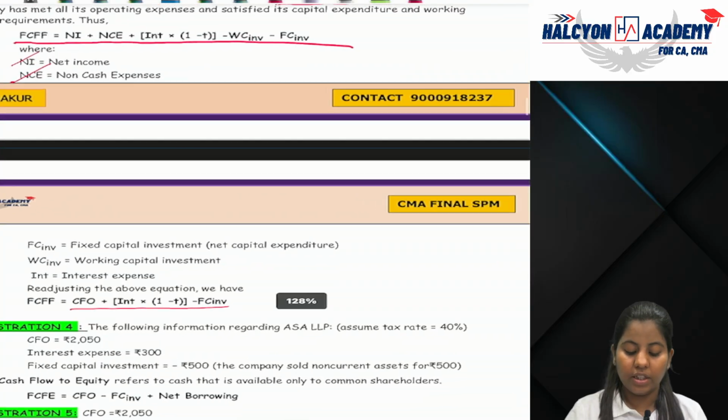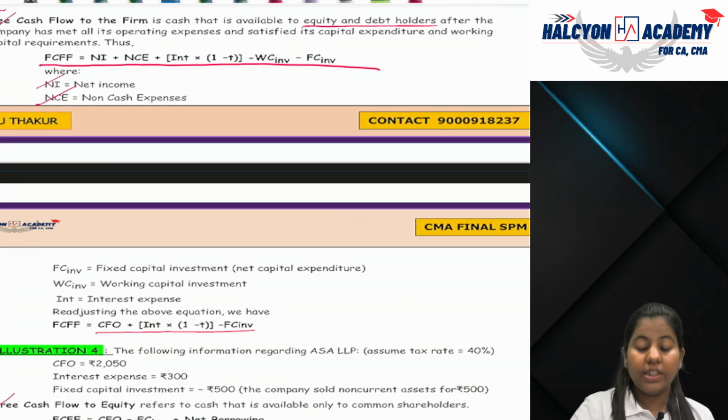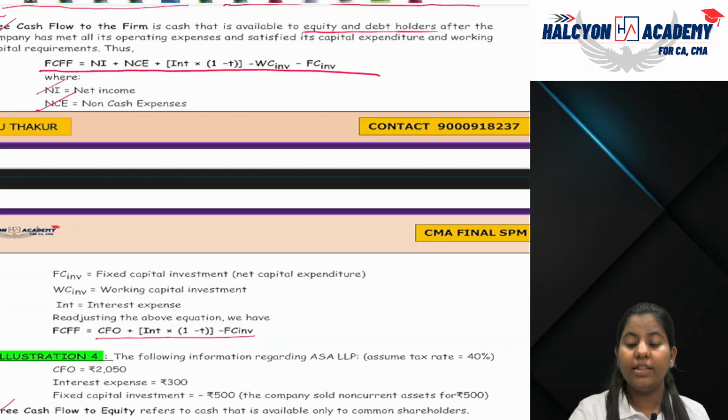Same formula is given here also. FCFF is equal to NI, net income, plus non-cash expenses, plus interest, minus working capital investment, minus fixed capital investment. Okay, is it clear to you?